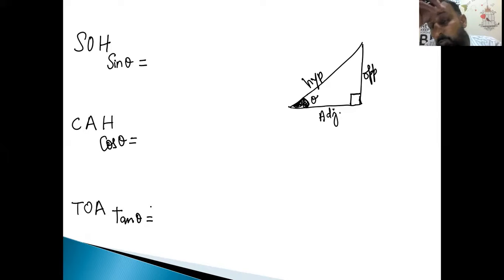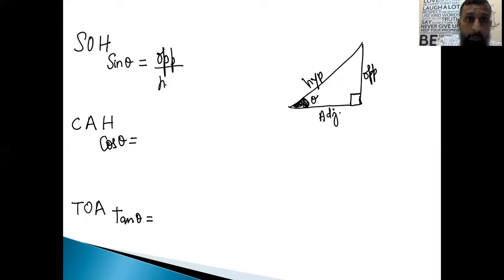Now, consider the word SOH. In SOH, S stands for sine, O stands for opposite, and H stands for hypotenuse. So the first ratio is sine theta equals opposite side upon hypotenuse. The second trigonometrical ratio or function is cos.